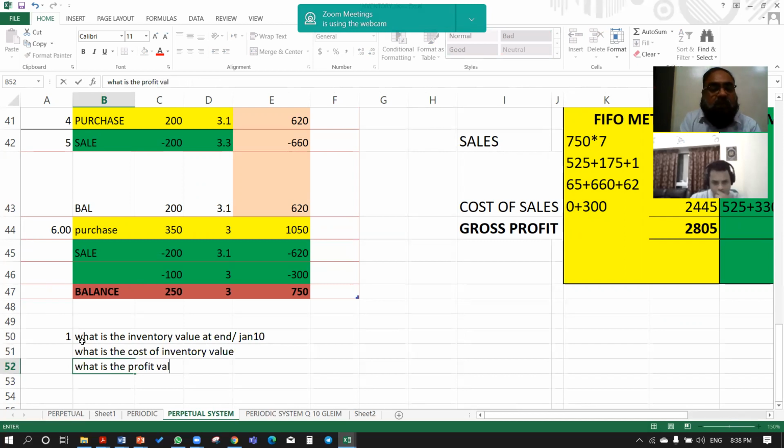They can ask you the inventory value, the cost of goods sold, under periodic or perpetual systems. This is the type of numerical question I'm asking. What is the inventory value at the end? What is the cost of goods sold value? What is the profit value?